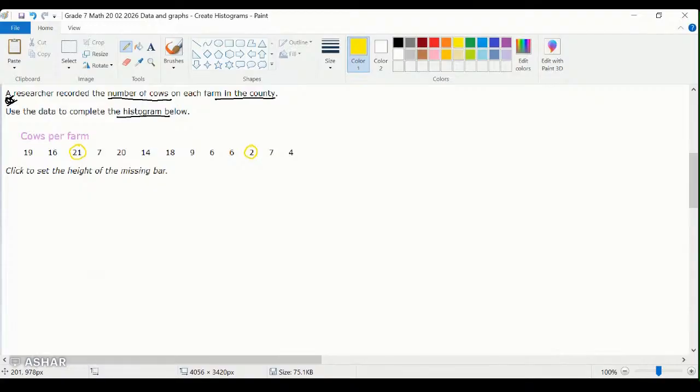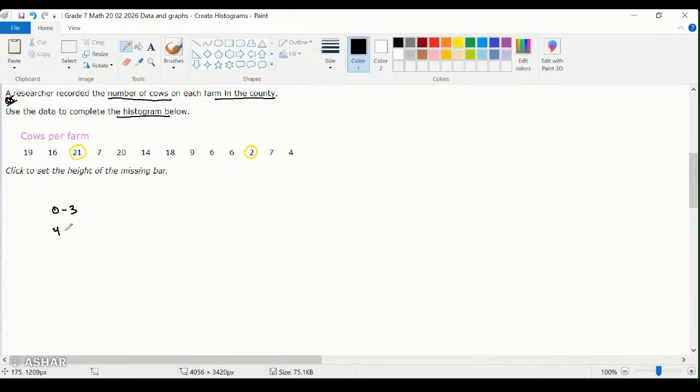We can take class widths of 3 as well. Let's suppose we need a difference of 3, so I can say between 0 and 3, that would make a lot of bars.